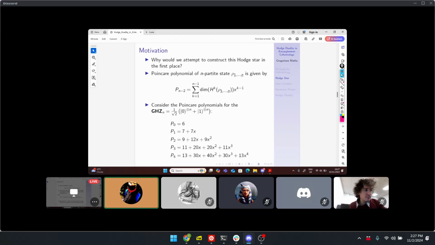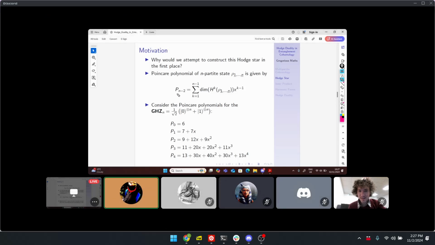Okay. Now that we know what multipartite cohomology is, we can start to look for patterns. One pattern that Furco and I saw when we were first reading the paper, which must have been like 2 years ago now, is this symmetry.